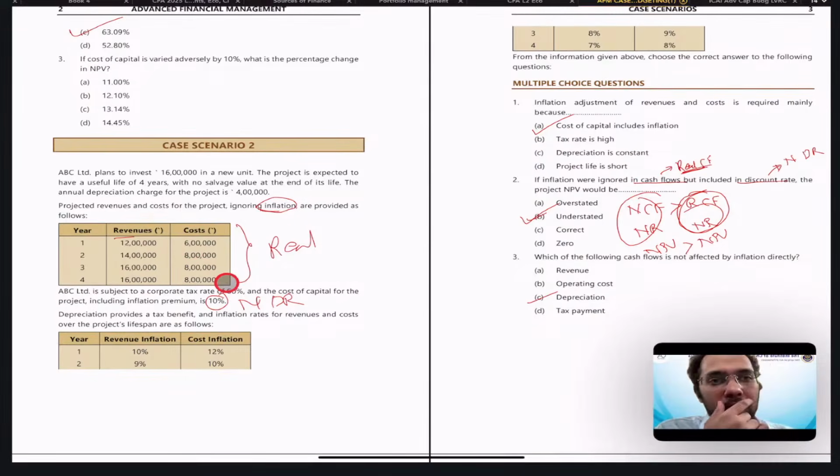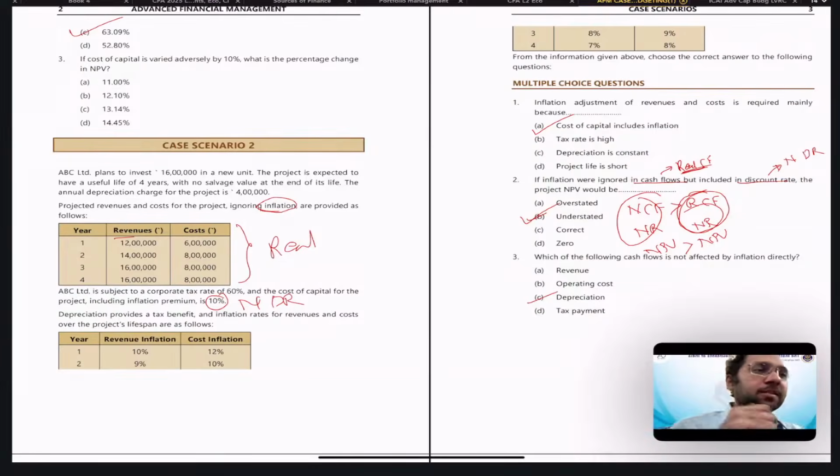Then you need to subtract tax out of it and also add the tax savings on depreciation without any inflation adjustment. And then use 10% to discount it. Right? So can you solve this?